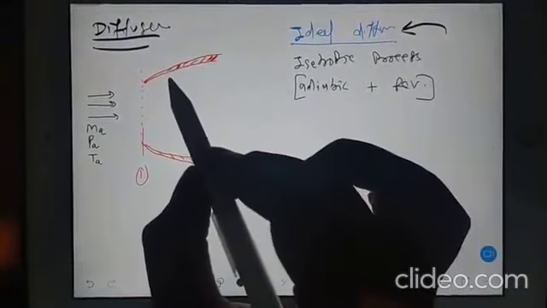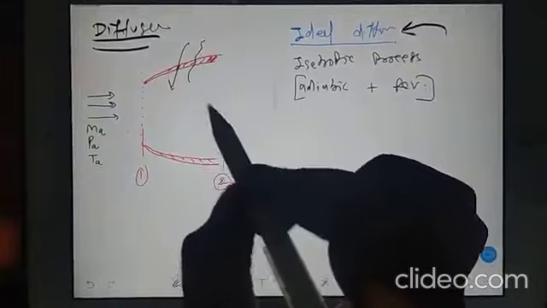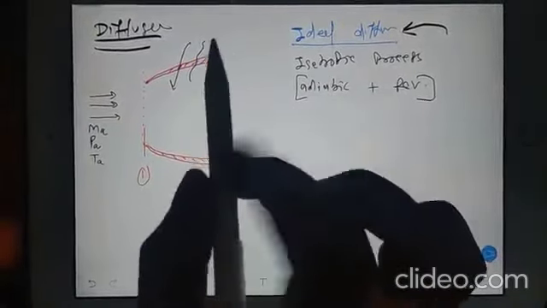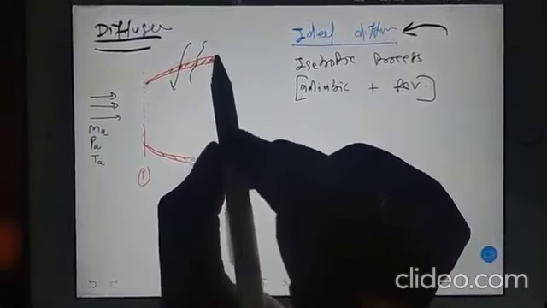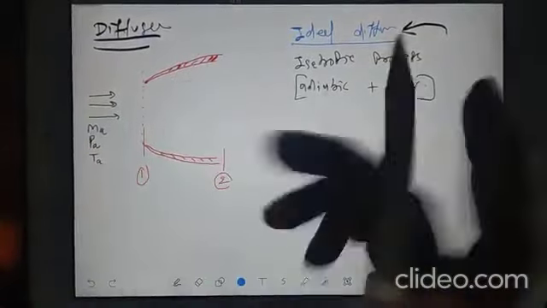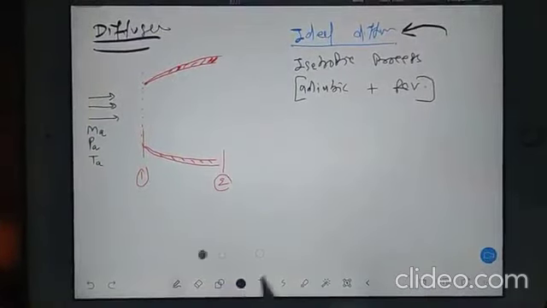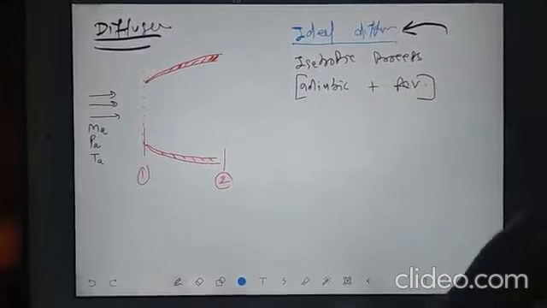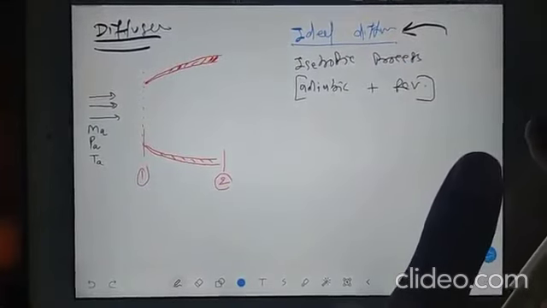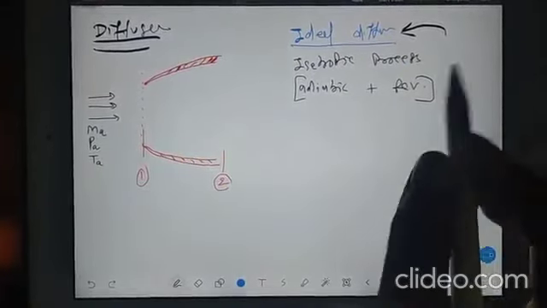But in real life, definitely heat will enter or leak. When your aircraft is flying at very high altitude, in the stratosphere, the temperature will be very low, so heat will leak outside from the skin. In real life the situation is different. We will be dealing only with ideal conditions, the ideal diffuser.